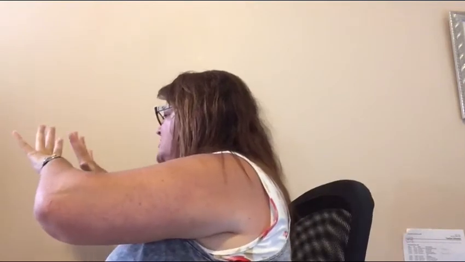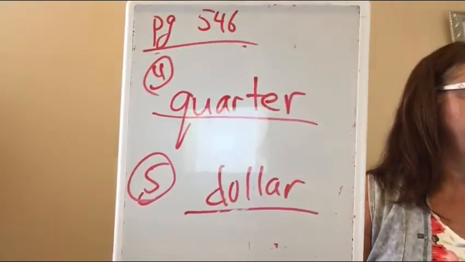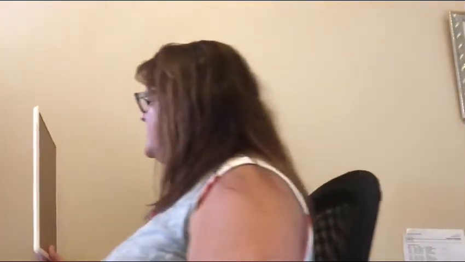If you have 100 pennies or 10 dimes, you have $1. It's dollar. You have $1. Number 5 is dollar. All of these words are in your word list on the top of the page, so you can spell them correctly.